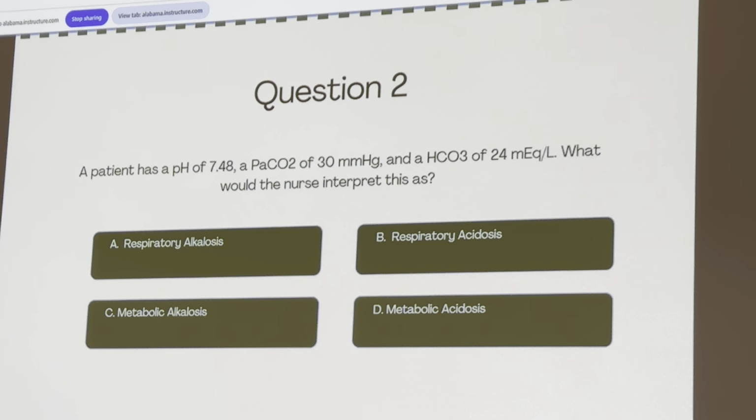I like Natalie's answer as well. Respiratory alkalosis. So our pH is 7.48. That's a little high, right past that 7.45 mark. CO2 of 30, so that's a little low. And then our bicarb is normal. All right, so we've got opposite pairings. Remember, pH too high, alkalosis state.